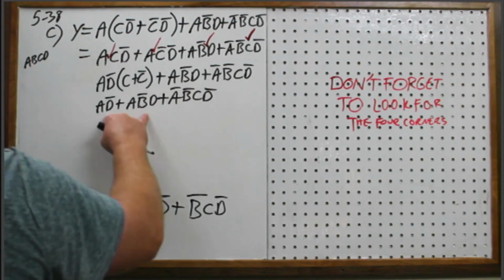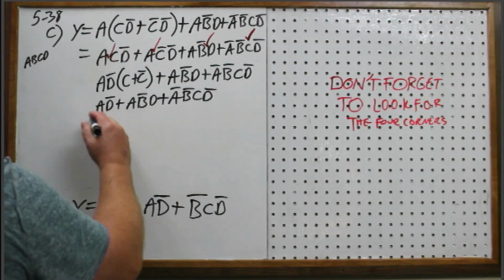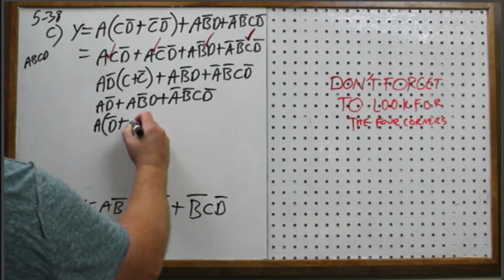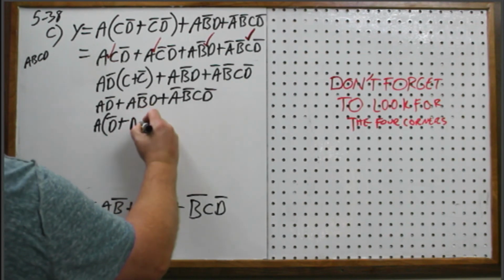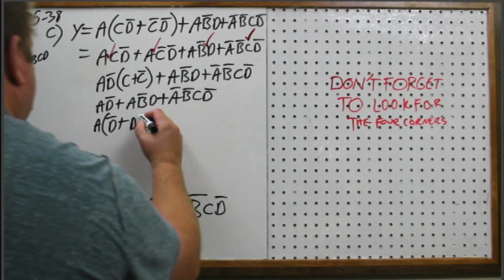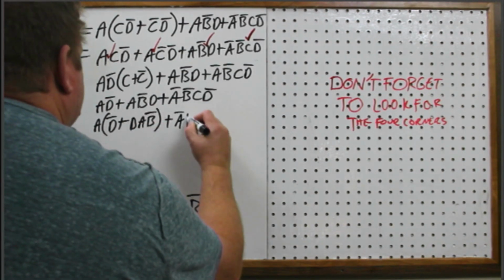Well, let's do it right here. So I'm going to pull an A out of these two terms. So I've got A times D naught plus, I'm going to put the D in front to make it more obvious, D and that plus this.